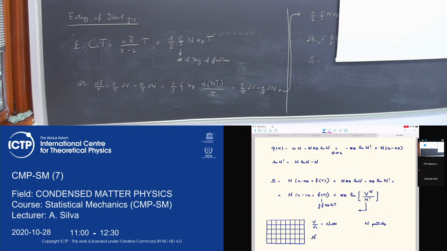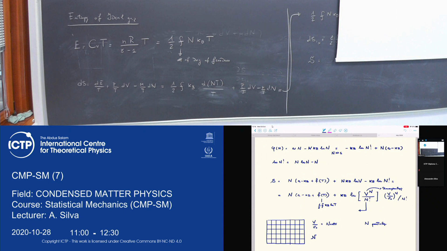So if I think that this V should be dimensionless, what I really meant here is V over a certain V naught to the power n divided by n factorial, right? Then this can be interpreted as the number of configurations of n particles without counting permutations in this volume discretized in this form, right?